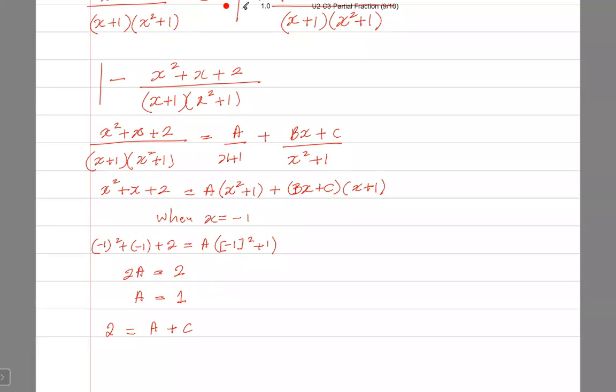So this is equating constants. A is 1, so we have 2 is equal to 1 plus c. Therefore, c is equal to 2 minus 1, which is 1. We have a and c. What we need now is b.